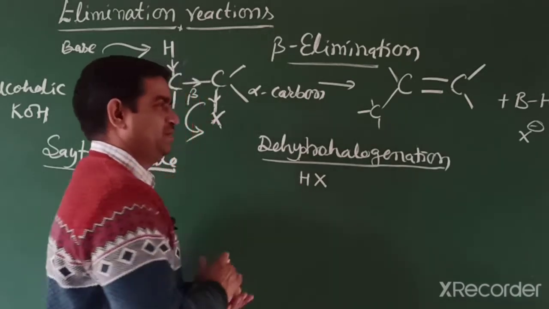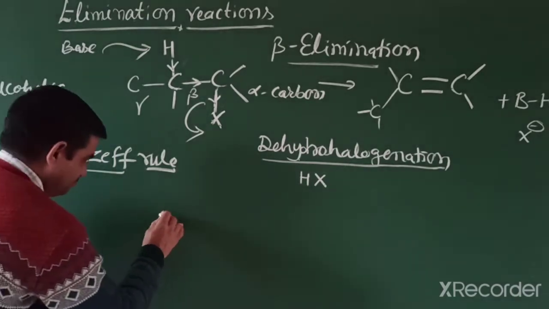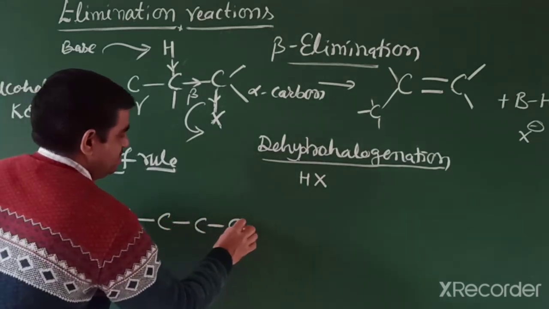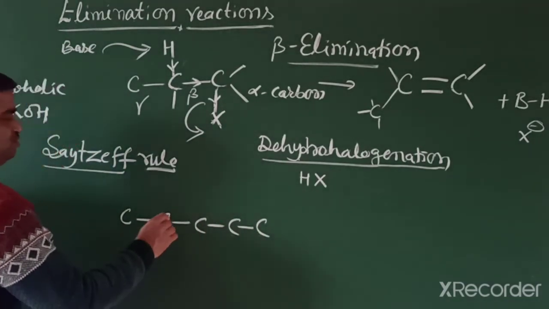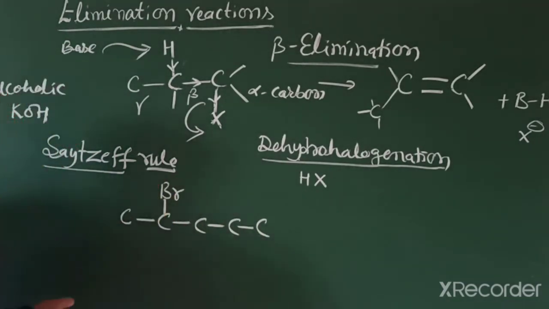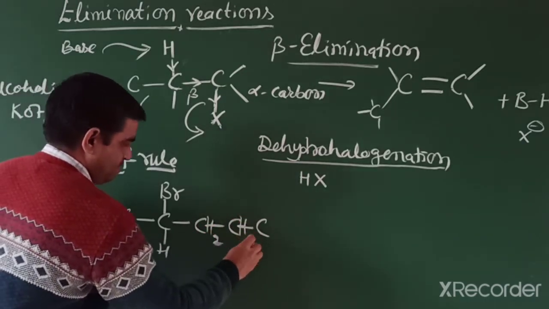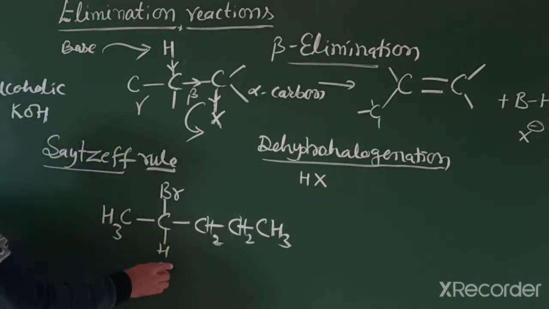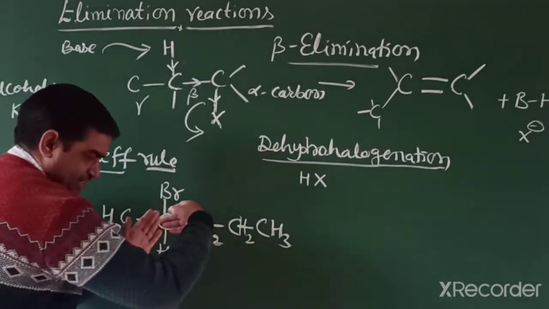Students, we can explain this rule by taking an example. If we take a compound, 2-bromopentane, numbering 1, 2, 3, 4, 5, in this compound this carbon is the alpha carbon, and the carbons nearby on this side and that side are also beta carbons.